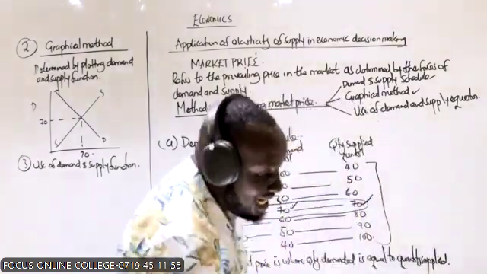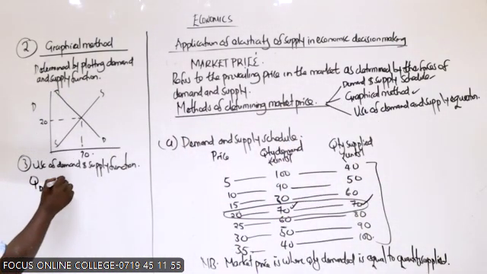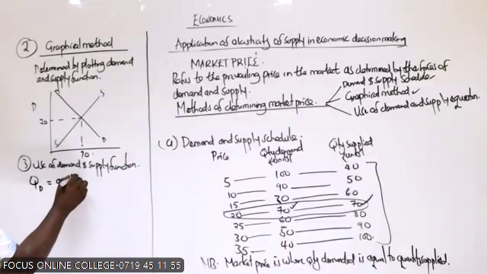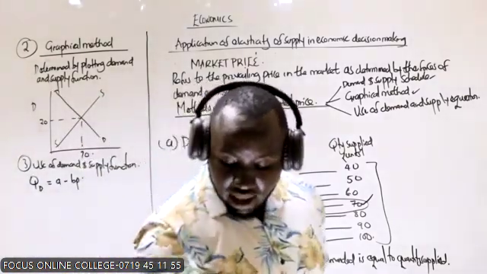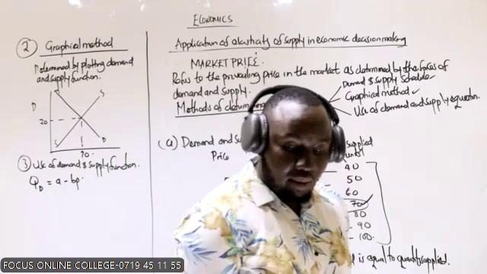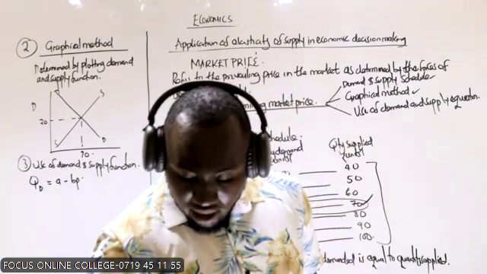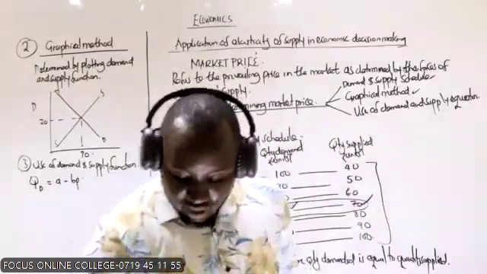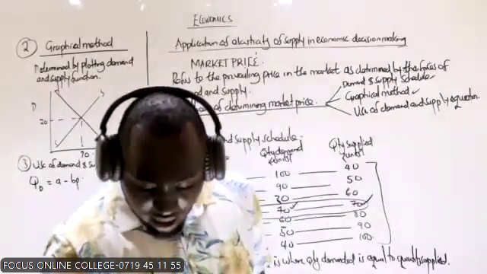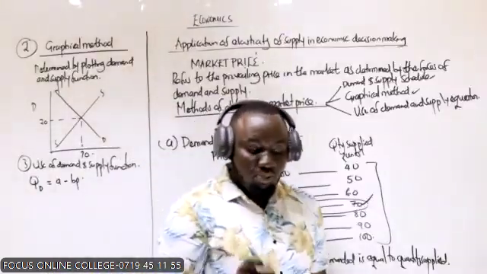I have QD, the demand function, equals A minus BP. A minus BP, together.